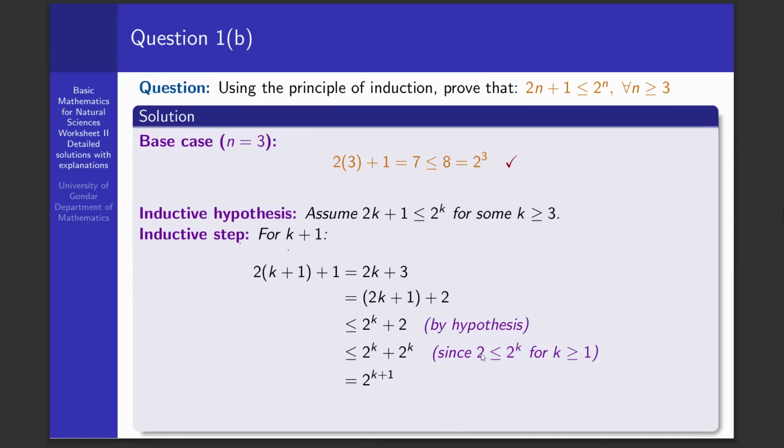Since 2 is less than or equal to 2^k for k greater than or equal to 1, if we factor out 2^k, the common factor, we have 2^k plus 2^k, which is identical to 2 times 2^k, which is 2^(k plus 1).